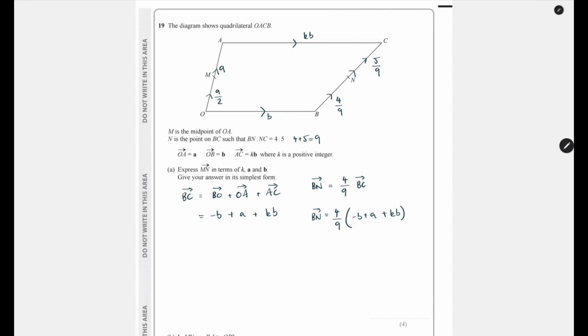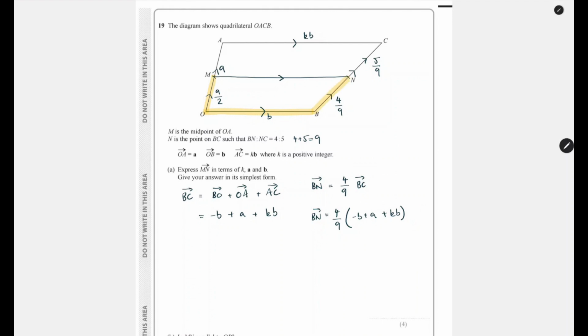Now the question is asking us to work out the vector MN. So MN, this is what we're trying to work out. And so in order to work that vector out, we're going to start at M and we're going to go down to the right and then up.